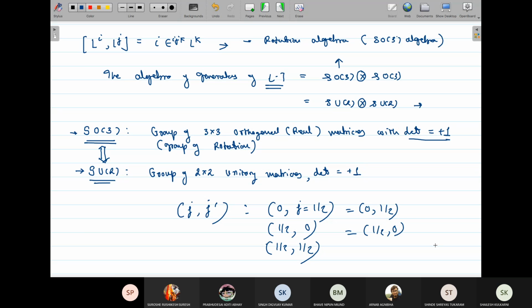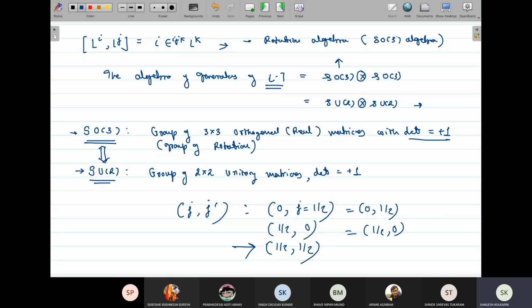Your Dirac spinor happens to be in this part. We'll see that. I will stop here. I do not expect any question because it's slightly heavy.